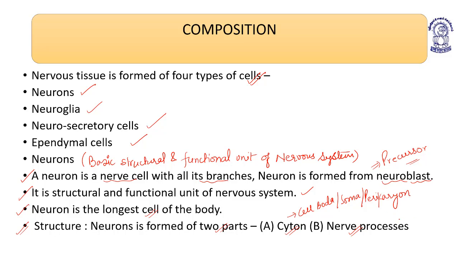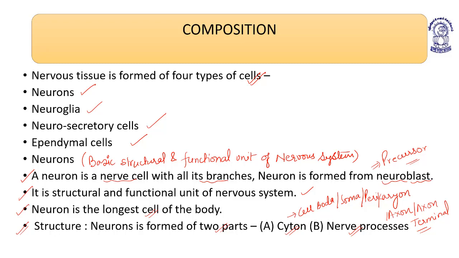And the nerve processes are known as what? Axon or axon terminal. Understood? So the main structure of a neuron is that it consists of two parts: cyton and the nerve process.